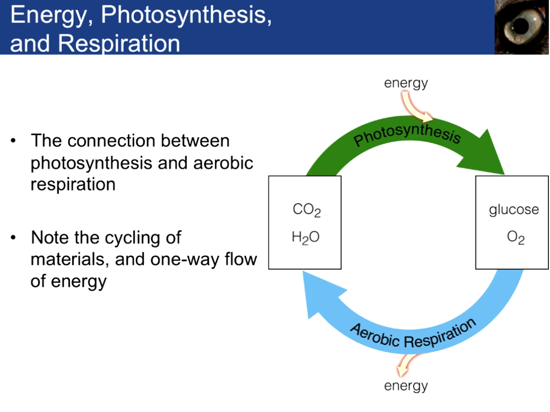So the byproducts of aerobic respiration, carbon dioxide and water, what you see over here, are then the inputs for photosynthesis. So these are the reactants of photosynthesis, and the products of photosynthesis are then the reactants of aerobic respiration.